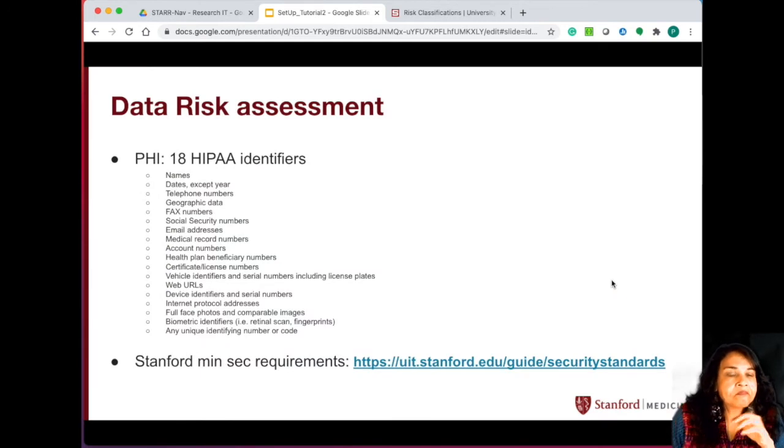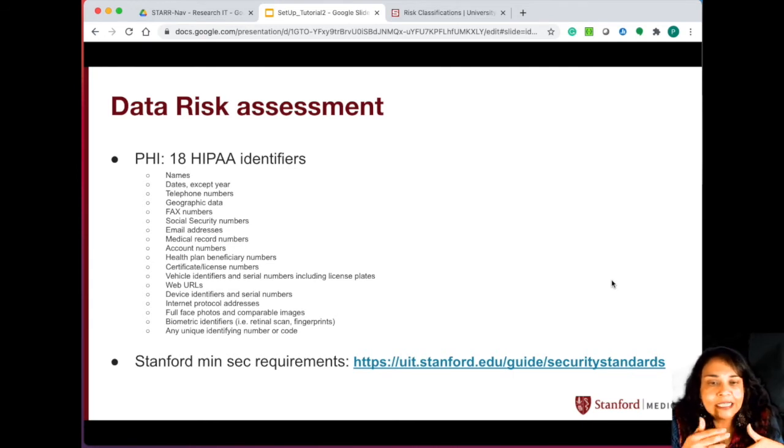PHI is personal health identifiers. There are 18 HIPAA identifiers that are defined as PHI. There are names, dates, except year. So if you give just the year of birth, that's not considered PHI.